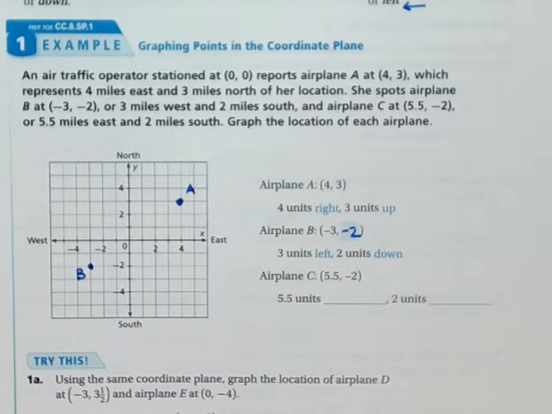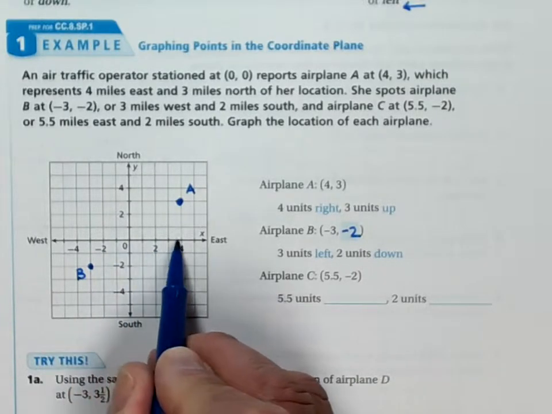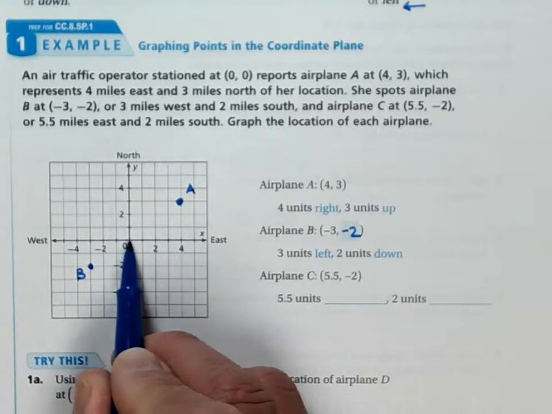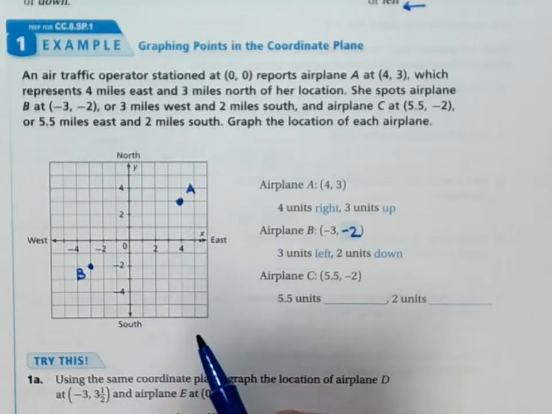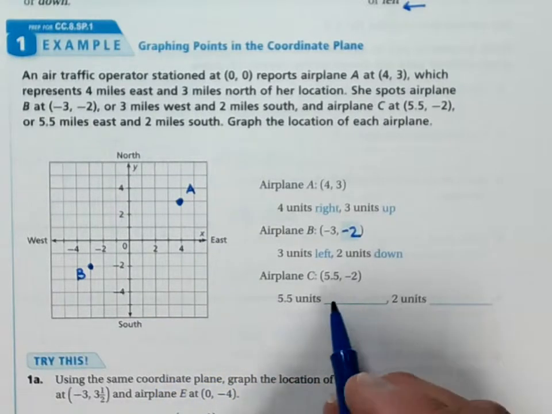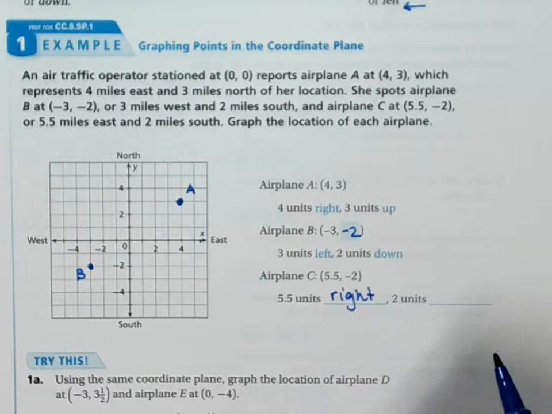Then there's plane C, which is 5.5, -2. So again, 1, 2, 3, 4, 5.5 right underneath that X, which is east or to the right. And then it's 2 miles south. Okay, so that's a -2.